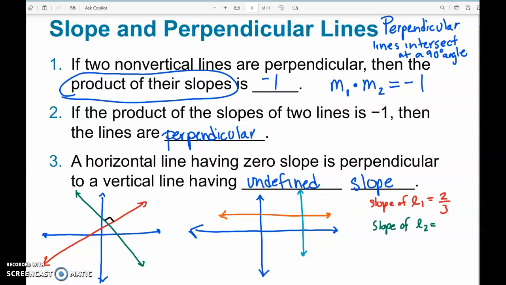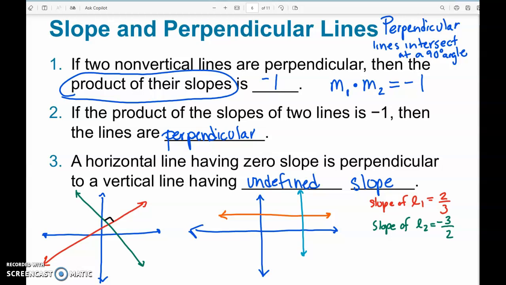When I say multiply it by something to get to -1, it might seem a little confusing. What do I multiply it by? But what you should do is take the slope, take the reciprocal of it, so flip the numerator and denominator, and then make it the opposite sign that it is.